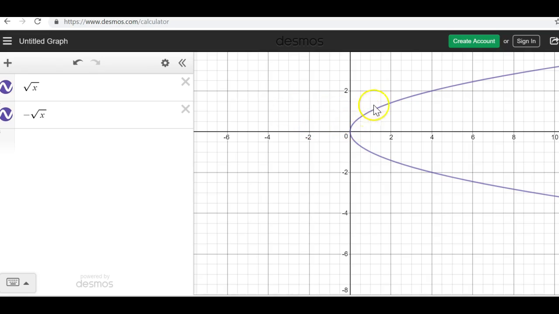This one was my original function, and when we graphed the negative of it, it was a reflection about the x-axis. Well, this one it was 0, 0, but when our point was, say, for instance, 4, 2, it became a 4, negative 2.